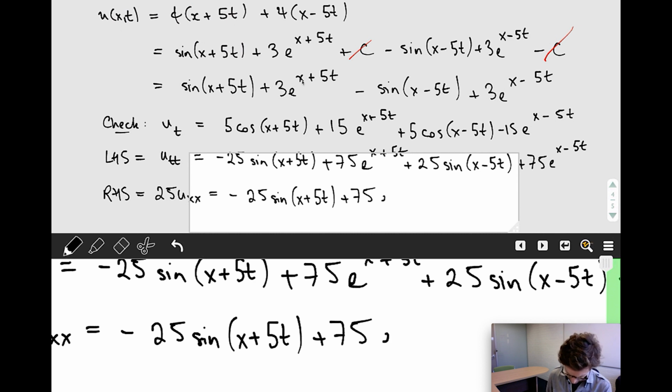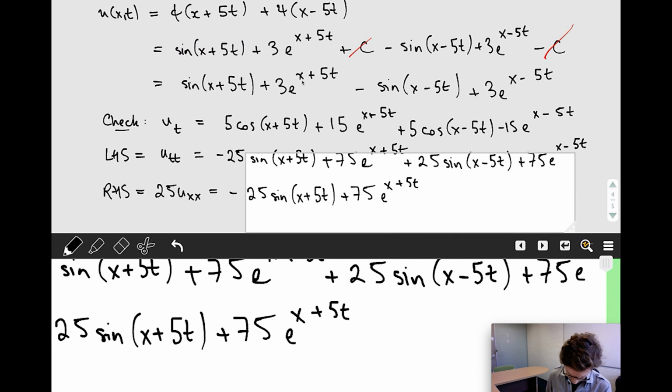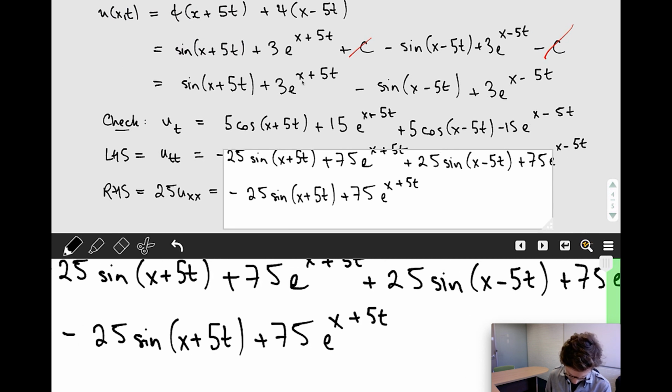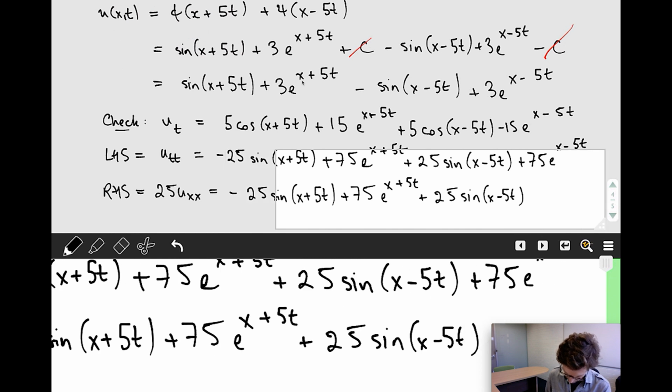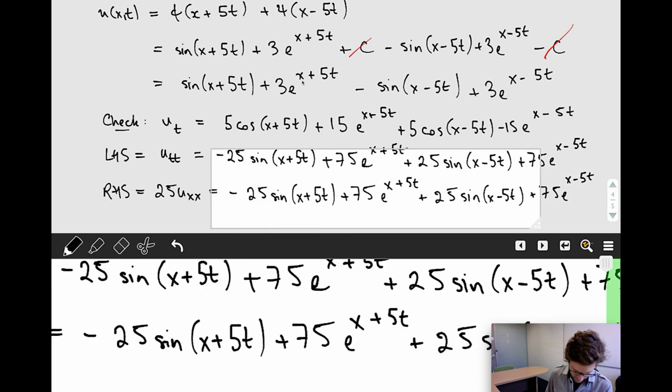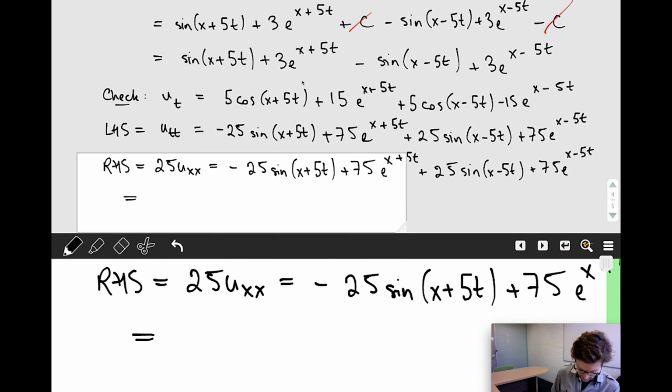So I get 25 e^(x+5t), plus 25 sine(x - 5t), and plus 75 e^(x-5t). So we get left-hand side equals right-hand side, so this is indeed a solution.